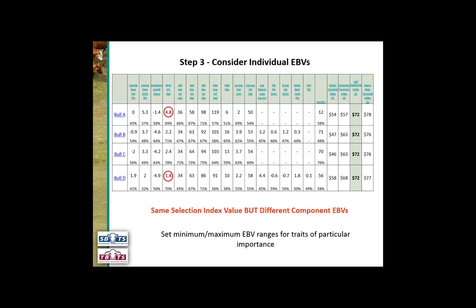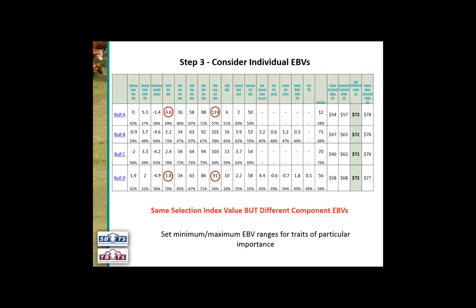So if you were in an environment where calving difficulty is a real issue, then within those animals you may well choose Bull D because he's got a lower birth weight EBV than Bull A, or somewhere in between. You might be happy with all of Bull B, Bull C and Bull D, but you would shy away from Bull A because of his birth weight.